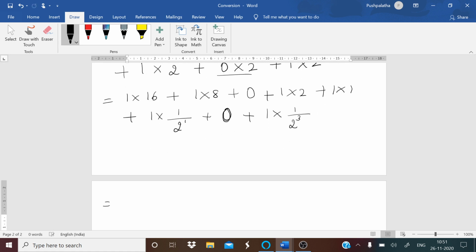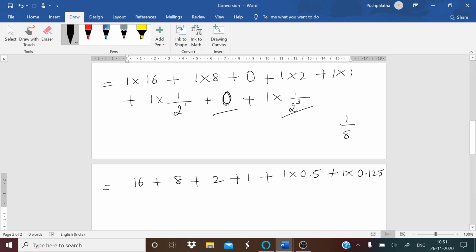So 16 plus 8 plus 2 plus 1, plus 1 by 2. When you divide 1 by 2 you get 0.5. Then plus 0, you are leaving it, and then 1 divided by 2 to the power of 3 is 1 by 8, and 1 divided by 8 is 0.125.